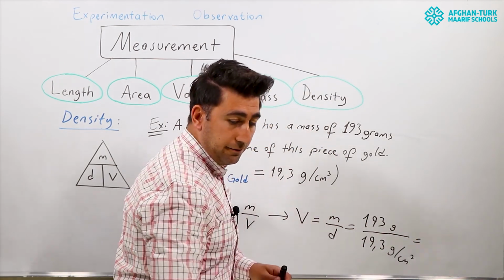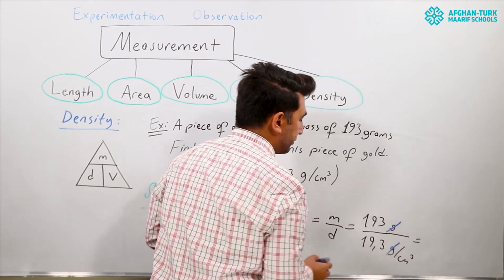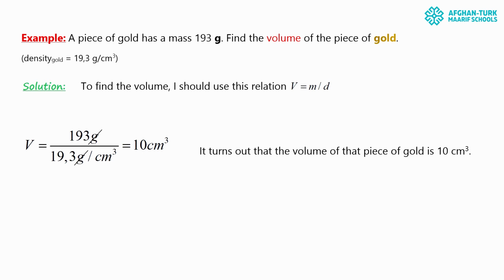So gram will cancel out each other, and it turns out to be 10 centimeter cube. So that means that this piece of gold has a volume of 10 centimeter cube.